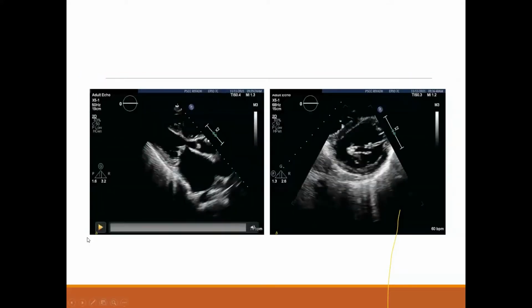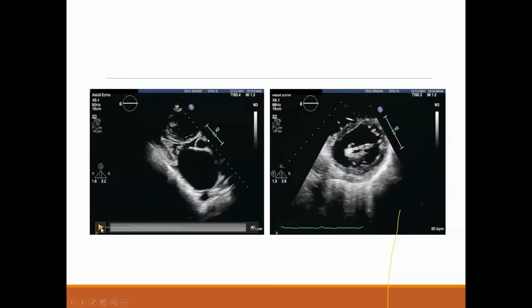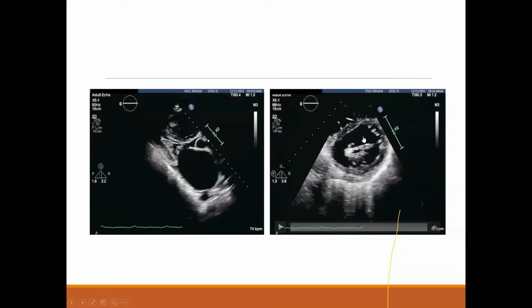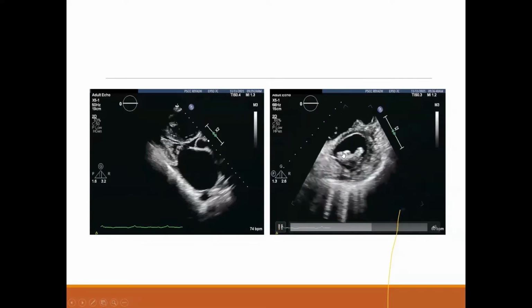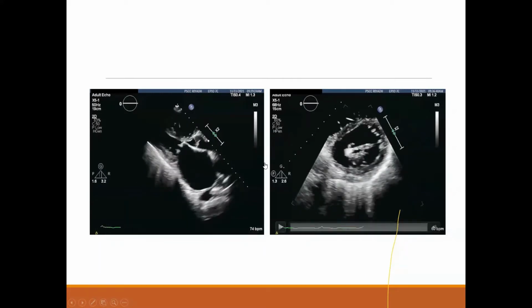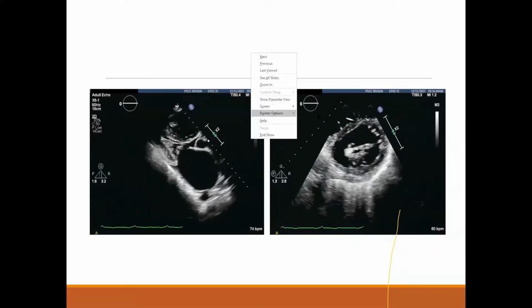Okay, this one here. This is again a case of mitral stenosis. This is the plane in which we measure the mitral valve area, the short axis of the mitral valve. But our problem here is that we are so likely to miss the nervous part, because I might be here, or I might be here, or I might be here.